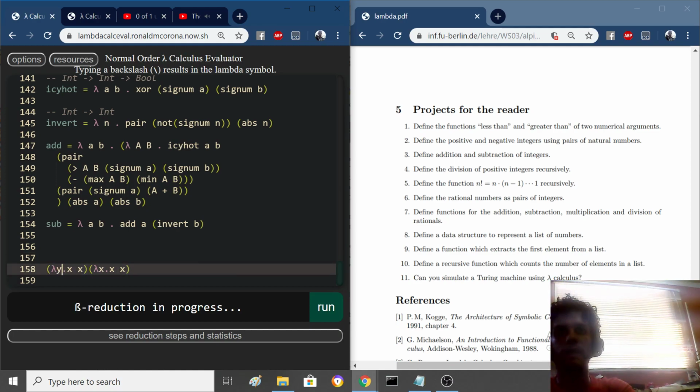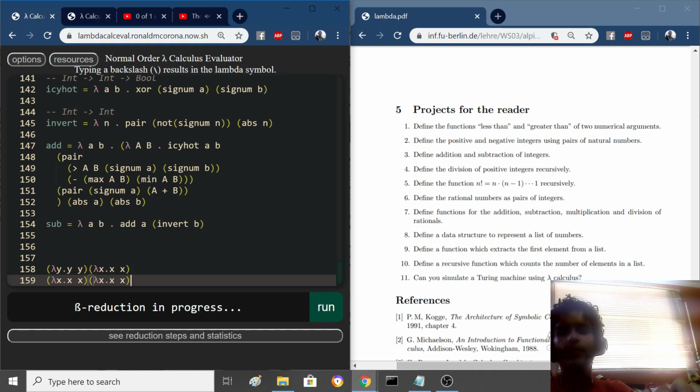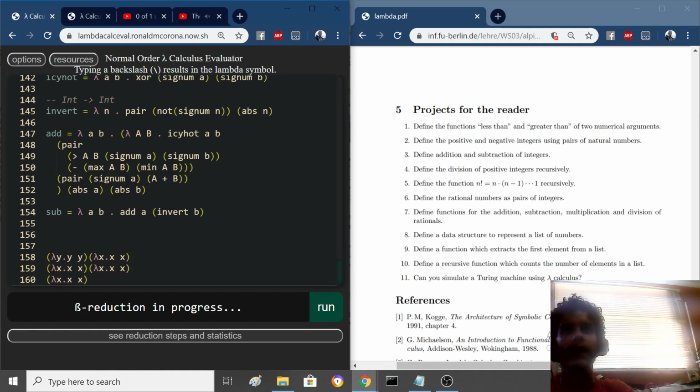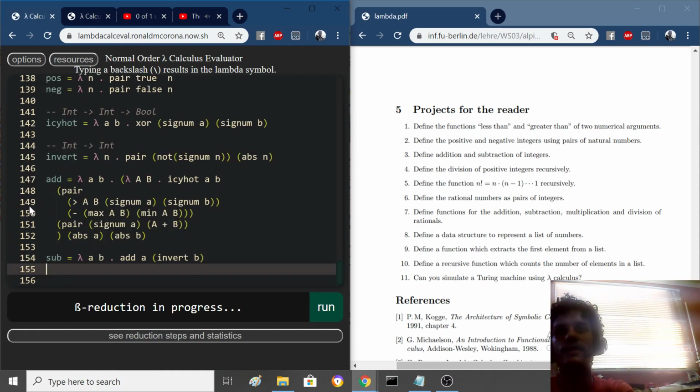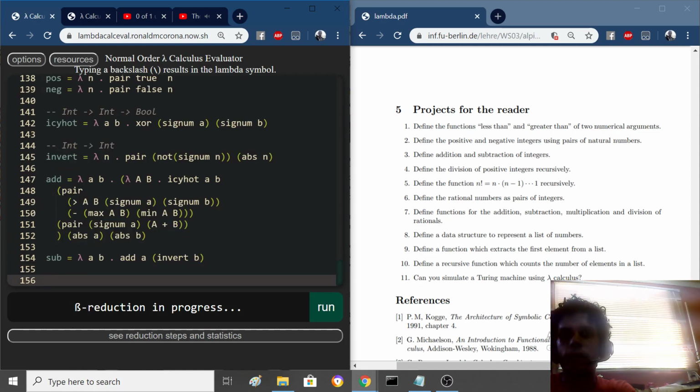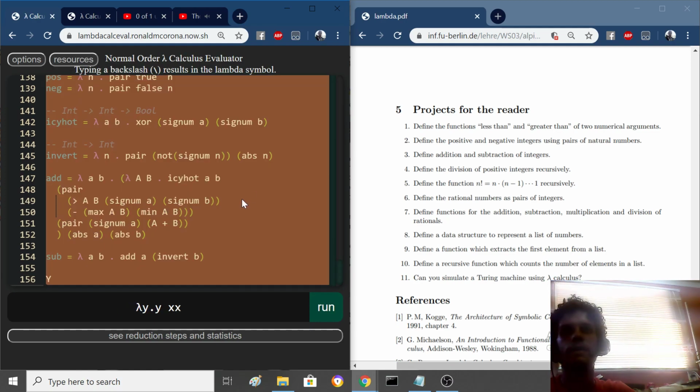We could even rename these for clarity. Every y here is going to be replaced with lambda x dot x x, and we get that, which is the same exact thing, which means it's just going to evaluate to itself forever and ever and ever, and it's never going to end. So this is what we call a divergent term. And that's actually what the Y combinator is as well, a divergent one.